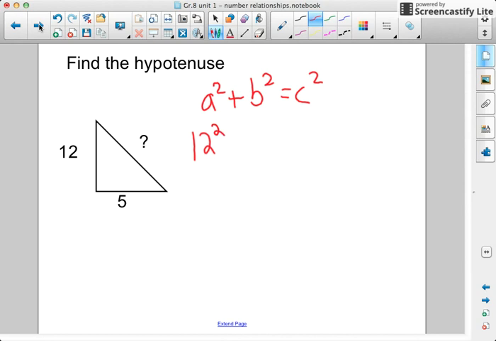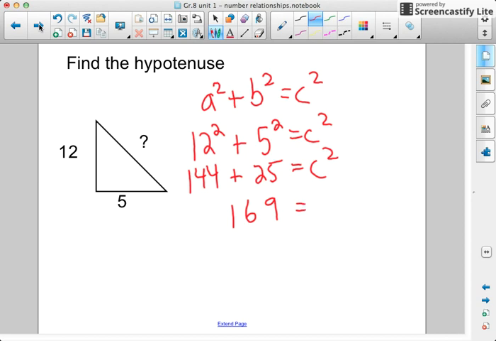So 12 squared plus 5 squared would equal c squared. Well, 12 squared is 144, plus 5 squared is 25, would equal c squared. So 144 plus 25 gives you 169, equaling c squared.